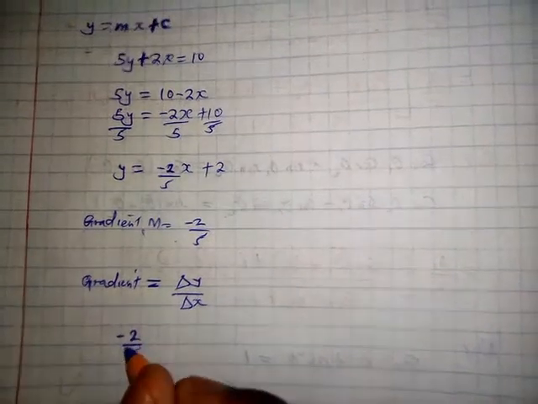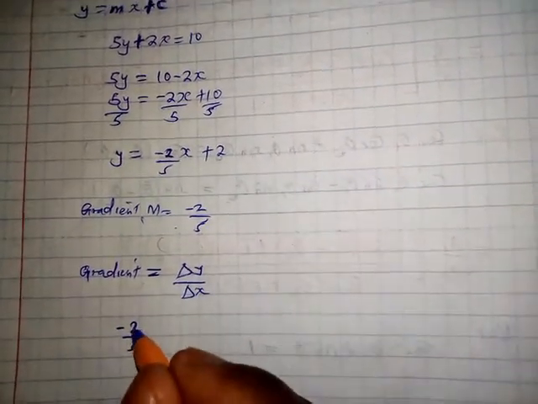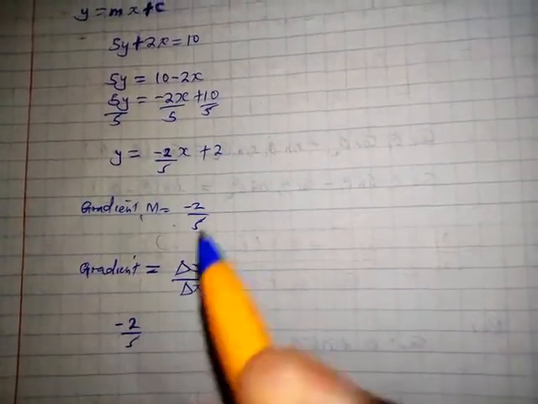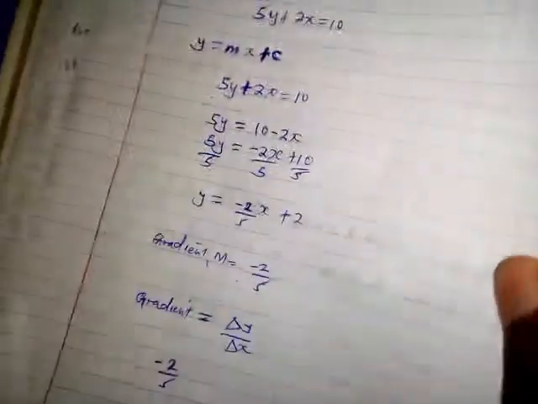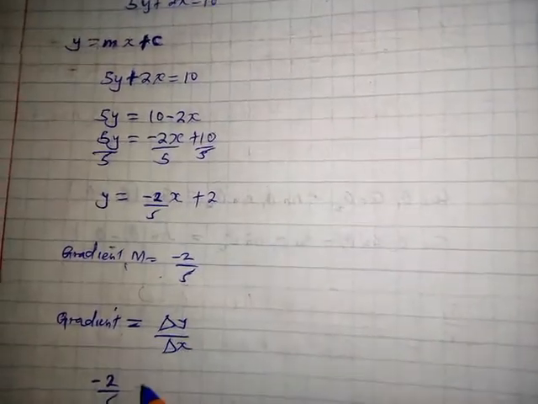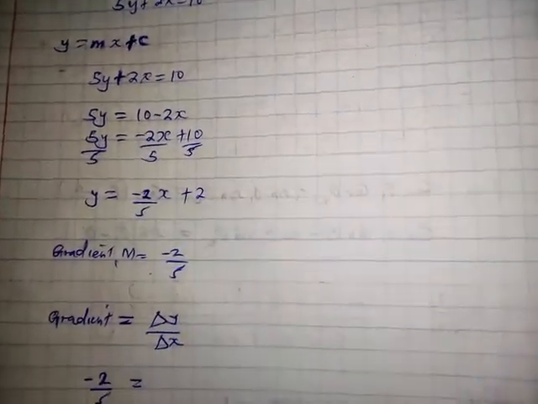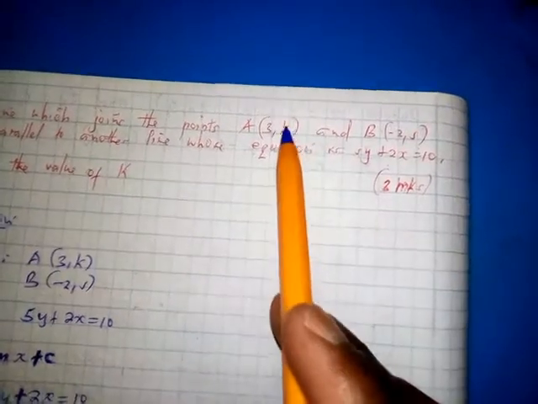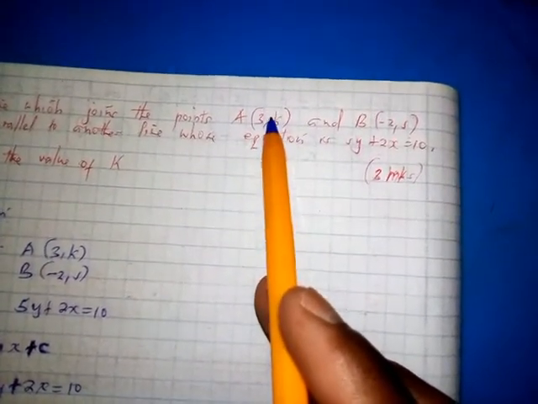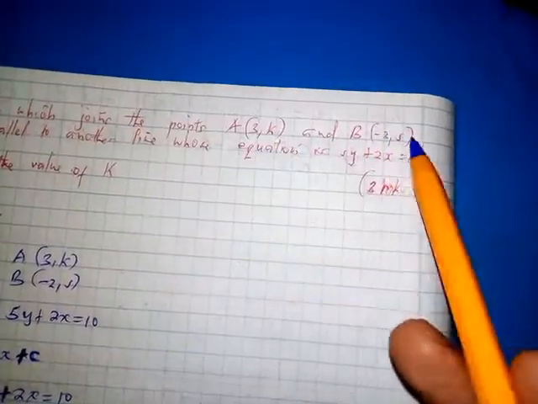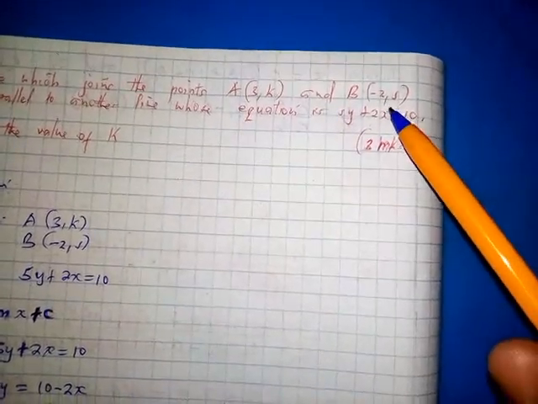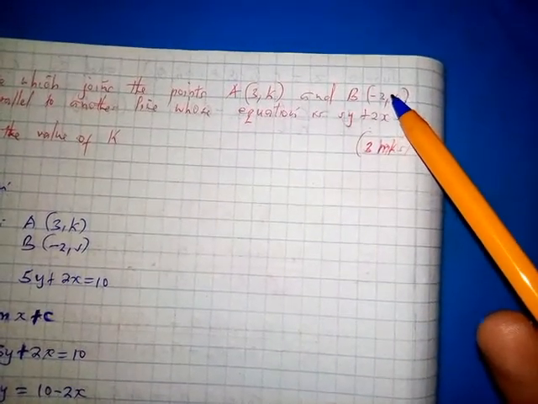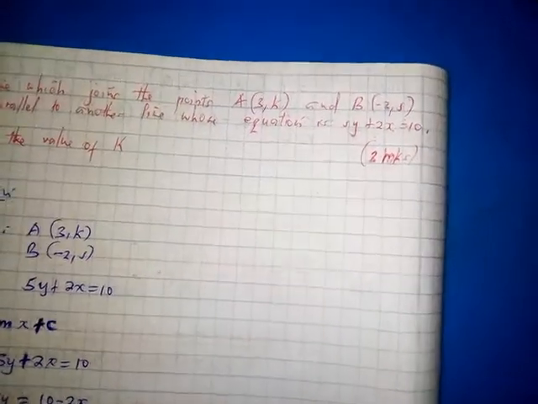That's why I have written negative 2 over 5 as the gradient of the line that joins these 2 points. So negative 2 over 5 is equals to change in y. You can take the coordinates in A minus the coordinates in B, or the coordinates in B minus the coordinates in A. I prefer the coordinates in B minus the coordinates in A.